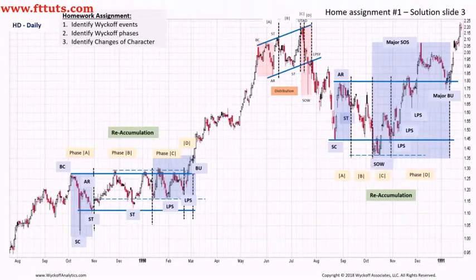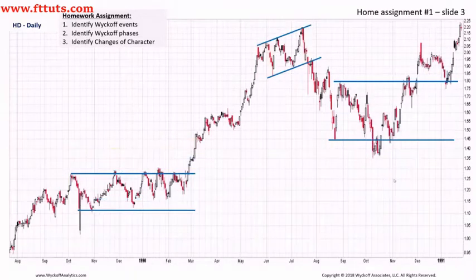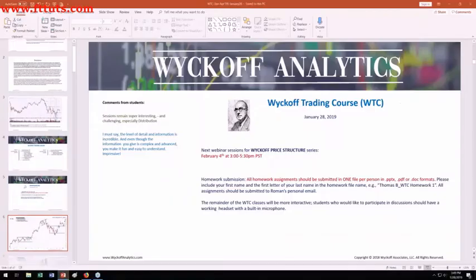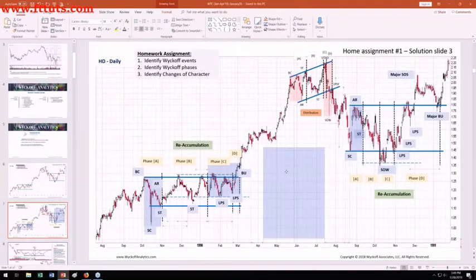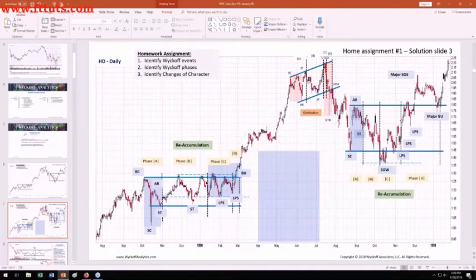Okay, let me just correct this. I think this was a slide that I worked on afterwards, and I defined phase C as this one right here. So this becomes a sign of weakness in B, and then this is phase C. So that makes sense.